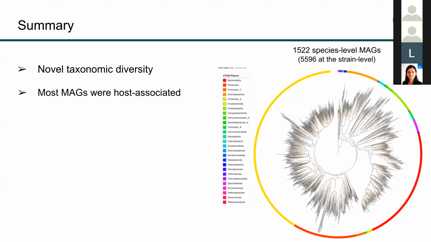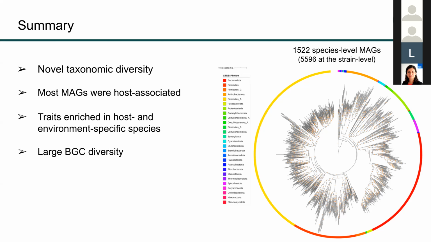And we also analyzed the MAGs and found that most were host-associated, but some were actually not. So some did appear to be transient, and the traits between host-associated and environmental-associated MAGs did differ. And that gave us kind of an indication of the adaptations required for living in the host biome versus the environmental biome.